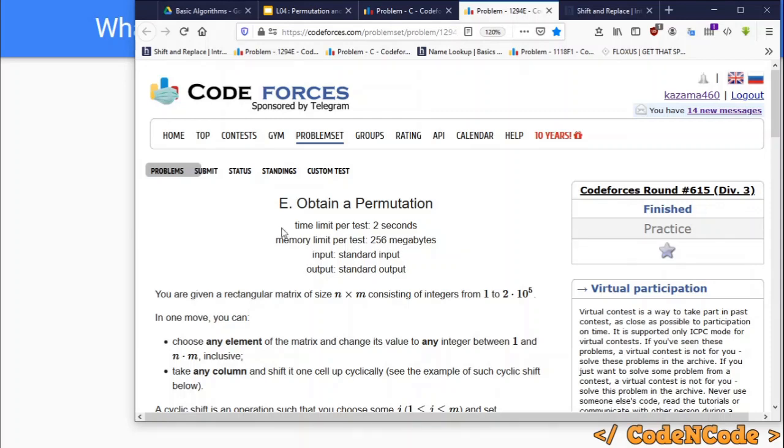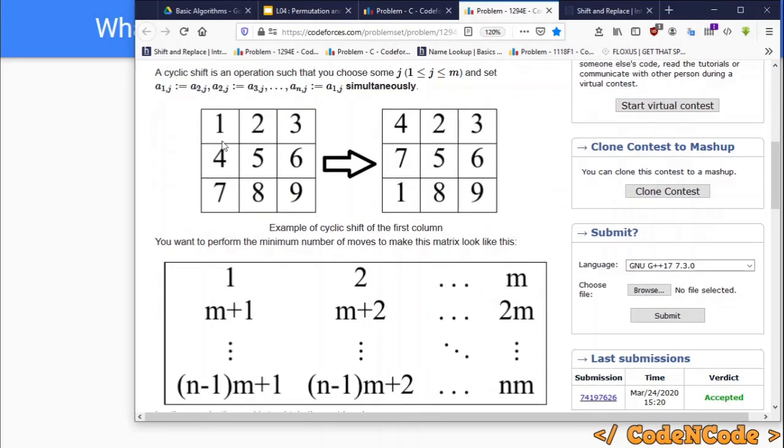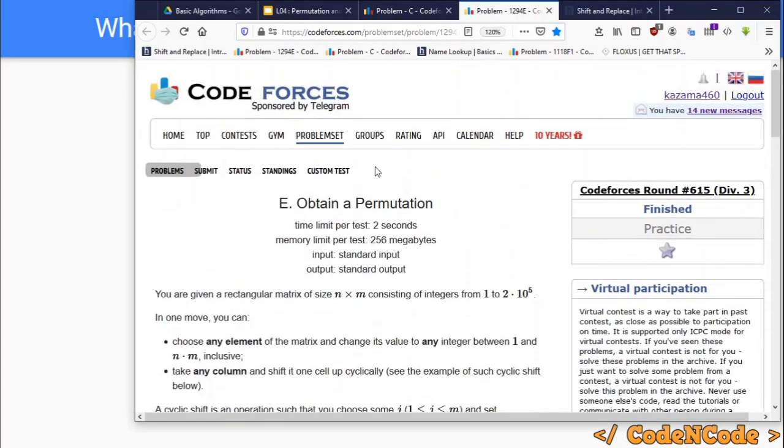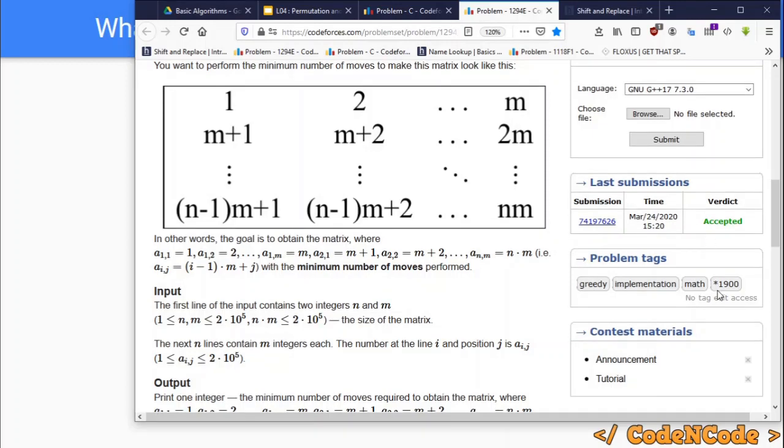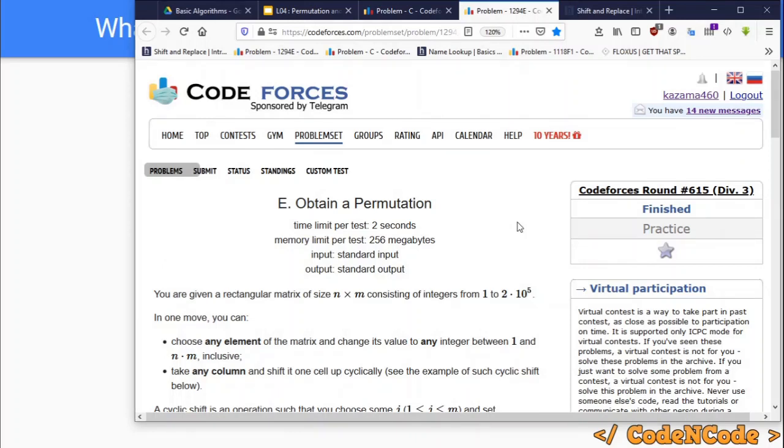It was an E problem. You are given a 2D array. You can see this problem is actually rated 1900, and after you study the technique that I'm talking about, you will be able to solve this problem very easily, and that is the goal of this lecture series, so that I can teach you algorithms and techniques of solving problems, so that you can learn those techniques and solve the problems by yourself.